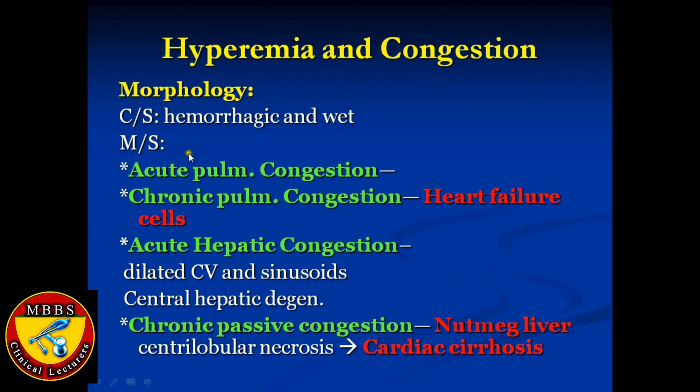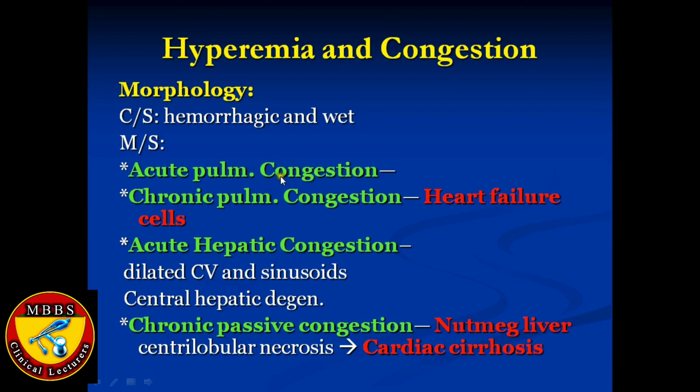Let me first tell you that the congestion may be acute if it develops suddenly, and it may accumulate over a longer period of time, and then it is known as a chronic type of congestion. The pulmonary congestion might also be acute and chronic, and the hepatic congestion might also be acute and chronic.